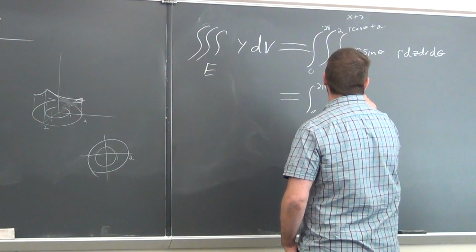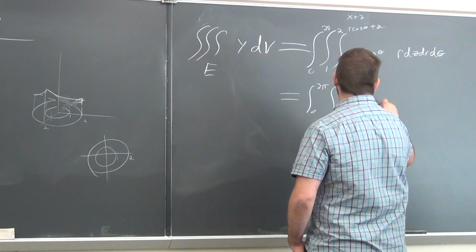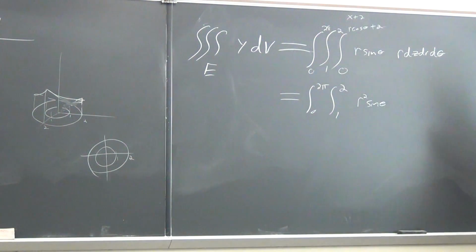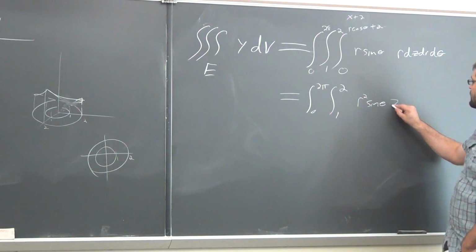So we're going to end up with what? r squared sine of phi, and there's no z in that to start with, and so when you integrate, you just multiply by z, right?